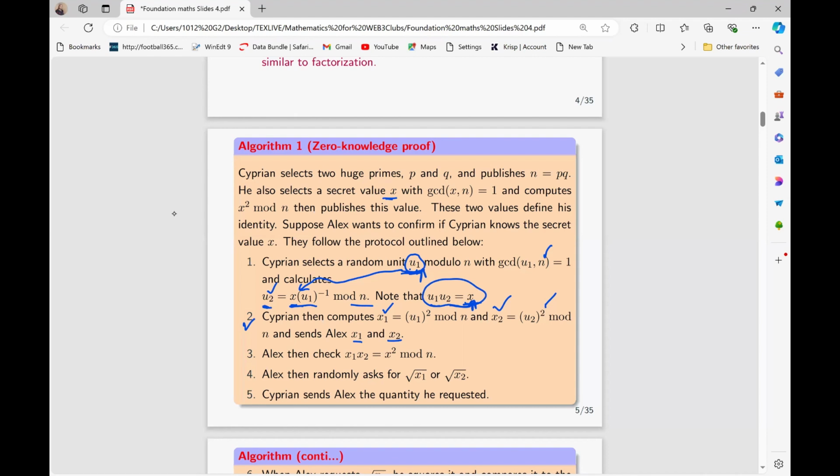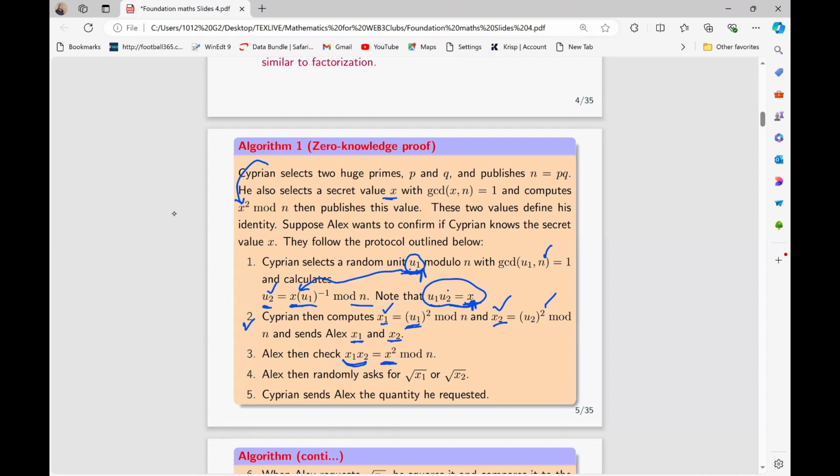So he squares u1, calling it x1, and squares u2, calling it x2, and sends x1 and x2 to Alex. Alex takes the product of these two, and it gives him x squared, which he had been given before.